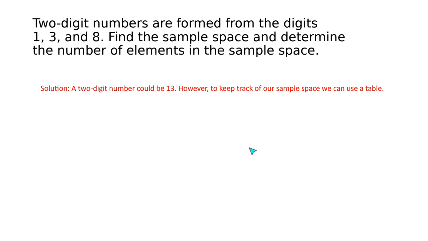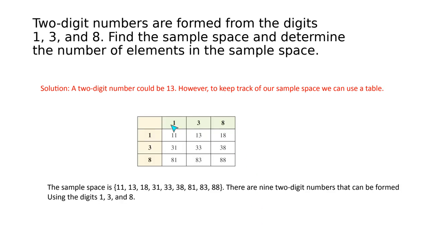One strategy to keep track of our sample space is for us to use a table. Okay, so here's a table. We have the numbers 1, 3, and 8. One outcome here could be that we get a 1, 1. We can have a 1, 3 or a 1, 8.